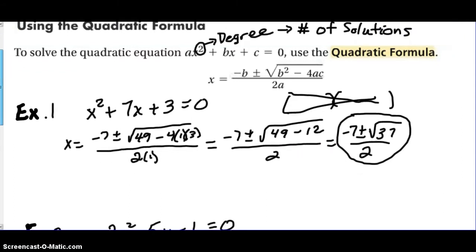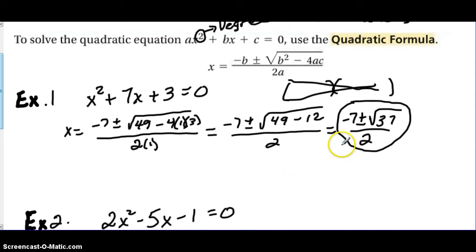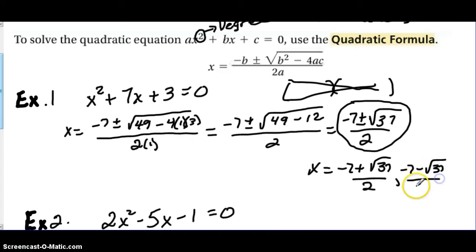Don't be confused. We've got x equals negative 7 plus radical 37 over 2 and negative 7 minus radical 37 over 2. They put this little plus or minus to kind of save space. It does represent two solutions. It's just an easier way to write it.